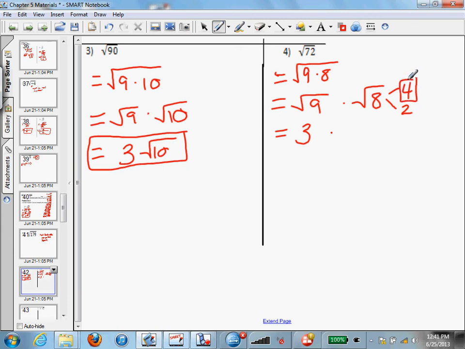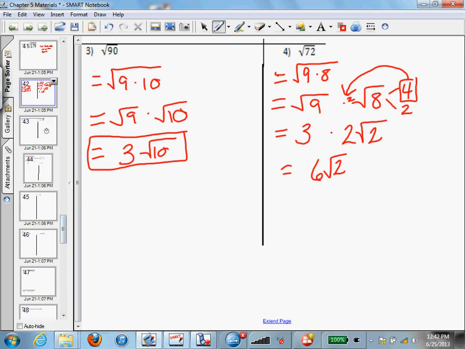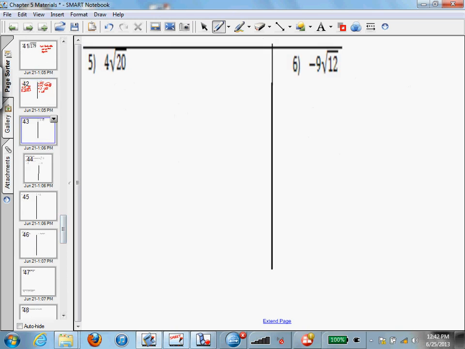So you can actually pull 4 out as a 2. Pull 2 out of the radical. But this other 2 has to stay because it cannot be broken down any farther. So this square root of 8 transforms into 2 times square root of 2. And this can be broken down even farther into 3 times 2, which is 6 square root of 2.